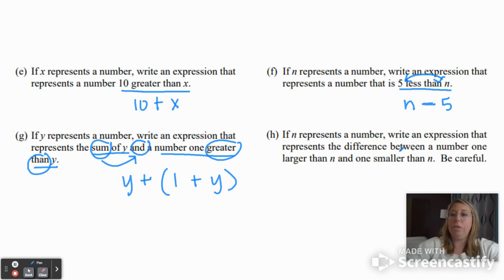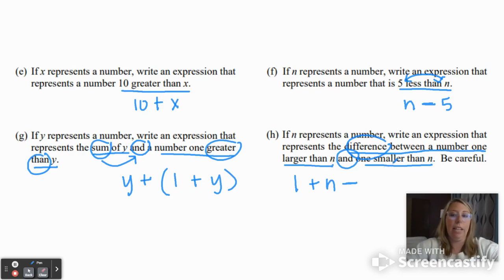And then H, we've got the difference between a number 1 larger than n and, so difference, and, so the minus sign goes there, 1 smaller than n. So this one's pretty loaded as well. So we have one number larger than n, that's going to be 1 plus n, or larger than, and one number smaller than n.